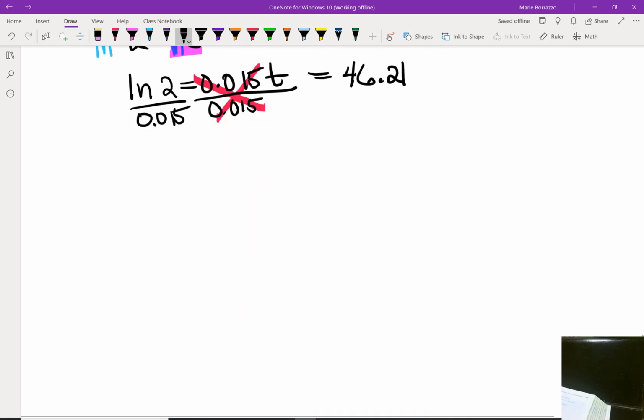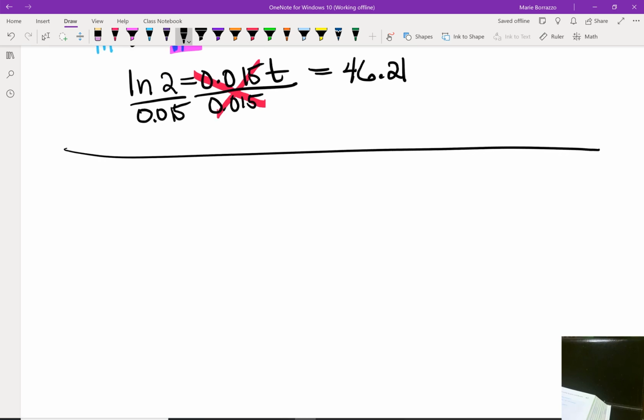Okay, example 4. This chapter is very choppy, if you've noticed. I'm just going through what they're giving me here. In example 4, we're going into the same thing where we're modeling population growth.